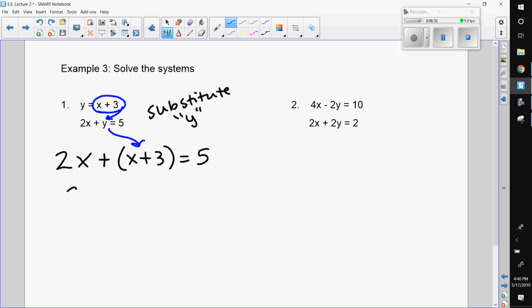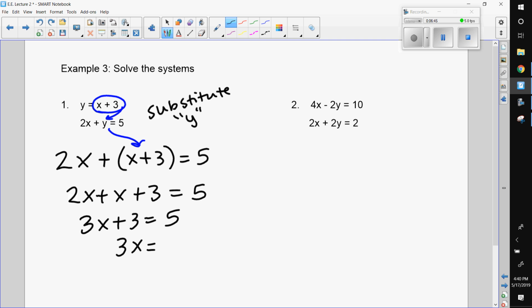Now I just combine like terms. I've got 2x plus x plus 3. I can get rid of my parentheses. 3x plus 3 equals 5. 3x equals 2, whoops, I got ahead of myself, 3x equals 2, so x equals 2/3.